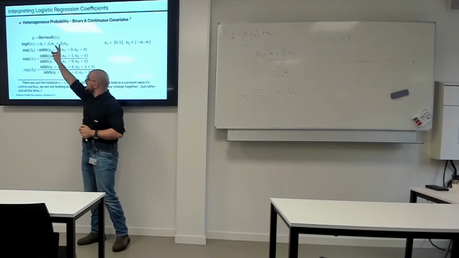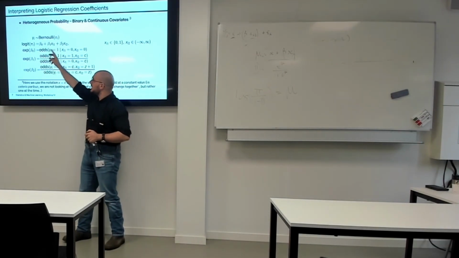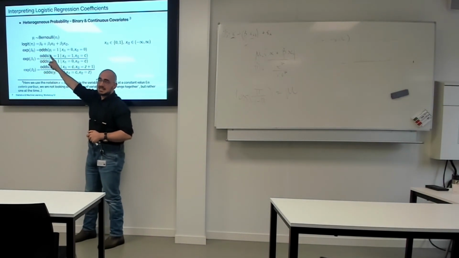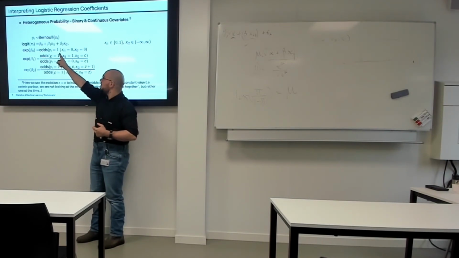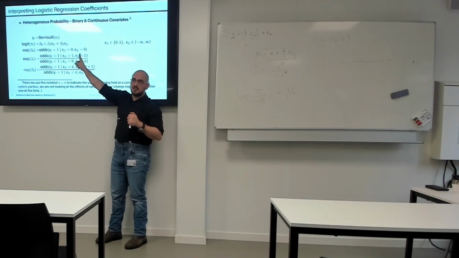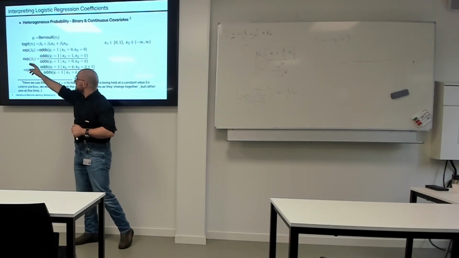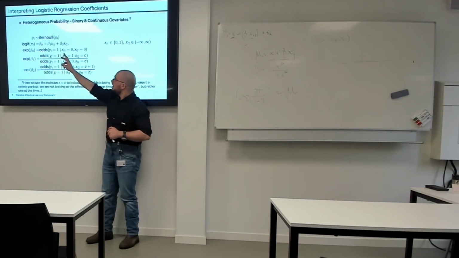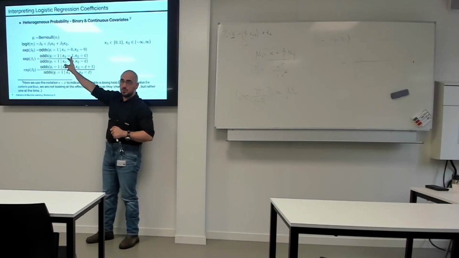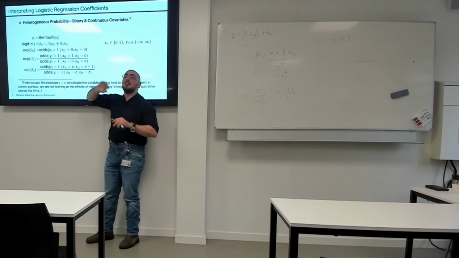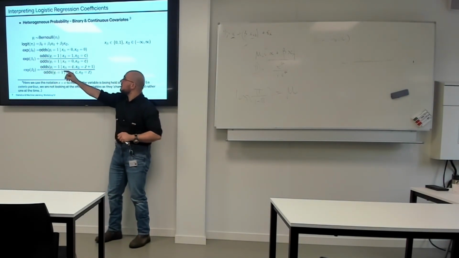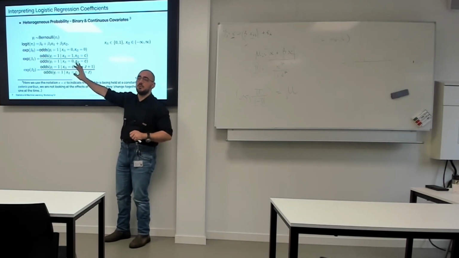So when I have these, I set my x's to 0, I take the exponential of both sides, and I still recover that my intercept is the baseline odds, i.e. the odds of voting for Trump when I didn't go to college and I have no guns. Exp of beta 1 is the odds ratio of voting for Trump, conditional on having gone to college, whatever number of guns I might have, over the odds of voting for Trump, conditional on not having gone to college, regardless of whatever number of guns I might have.